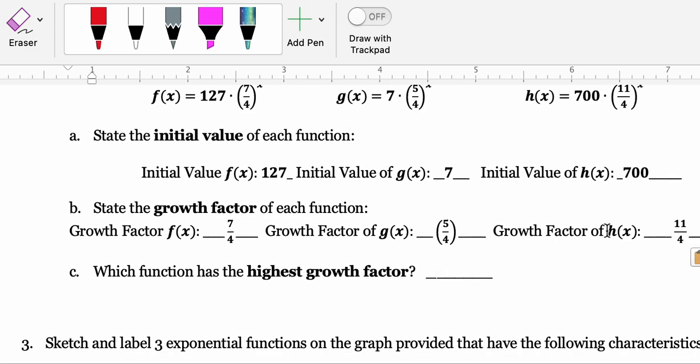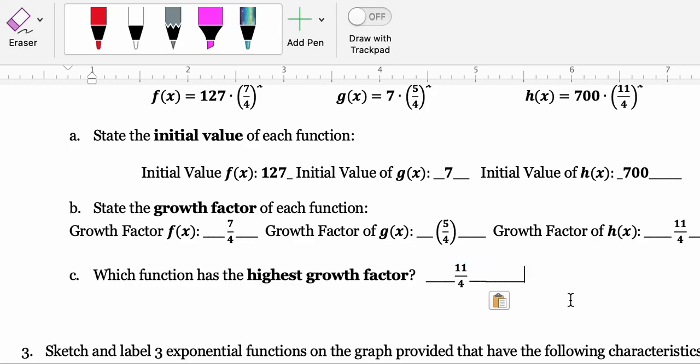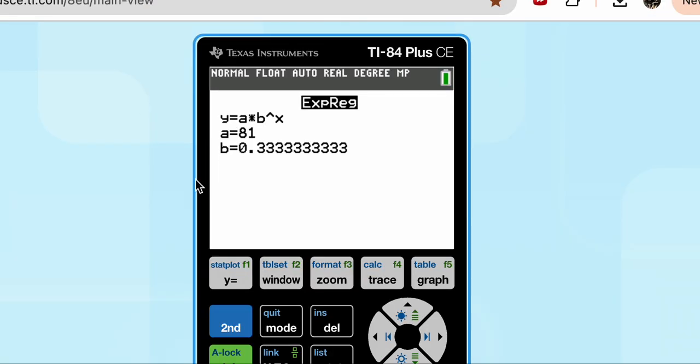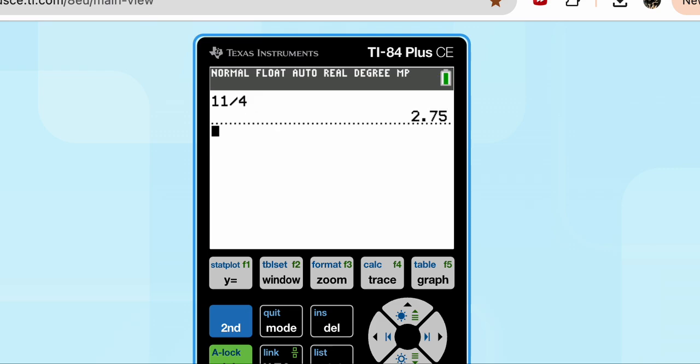And I could do the division, but I feel like you could do that on your own. Like if you were to put it in the calculator, 11 divided by 4. Oh wait, it wasn't 11, it was 5 divided by 4. Or 7 divided by 4. You could clearly see that the 11 fourths is more.